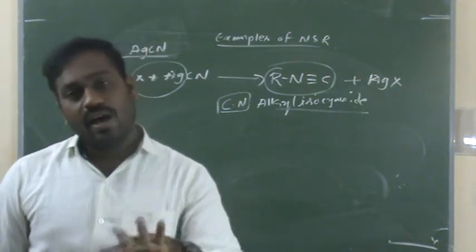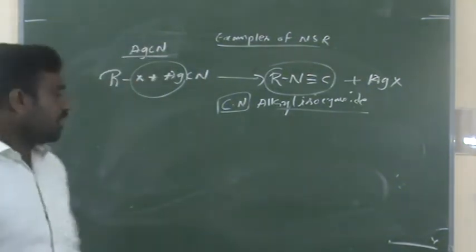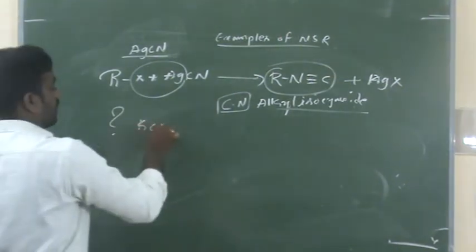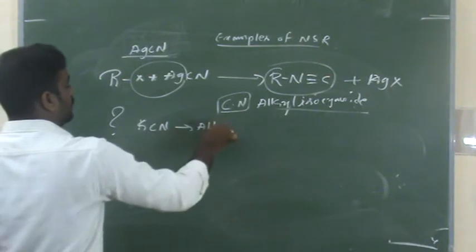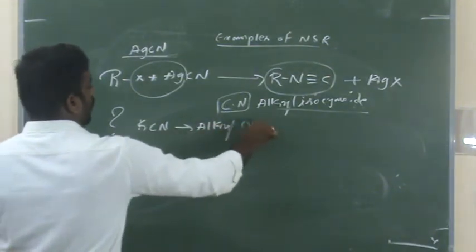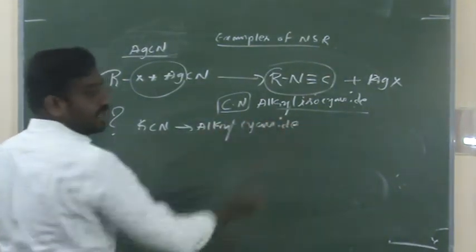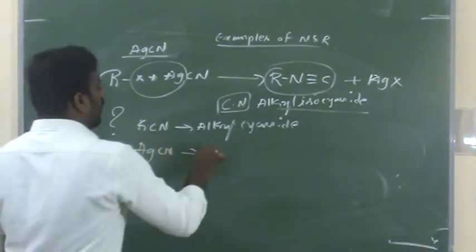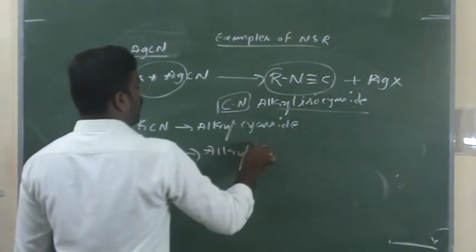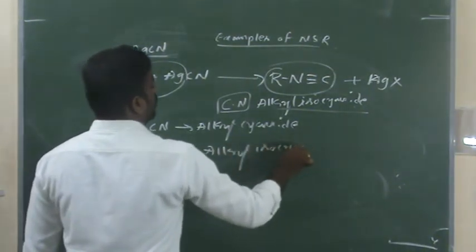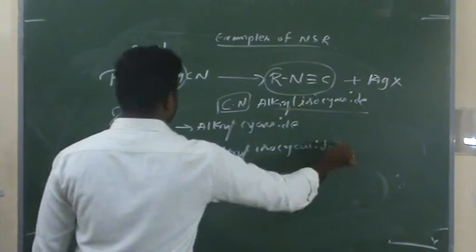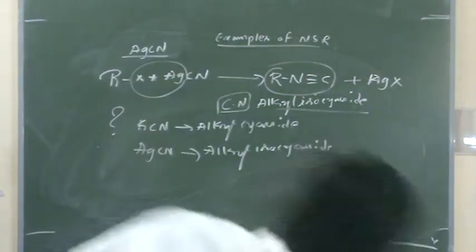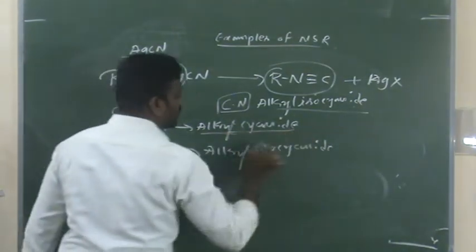Alkyl cyanides, alkyl isocyanides. I think you may have a doubt here. Why do we get alkyl cyanide with KCN, but with AgCN we get alkyl isocyanide? What is the reason?